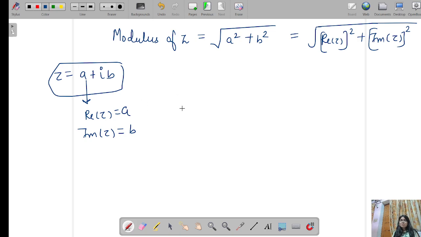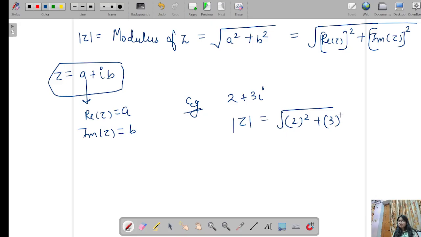Alright, let's suppose I have taken an example: 2 plus 3 iota. The modulus of z I represent as this. This will be under root 2 square plus 3 square. Alright.